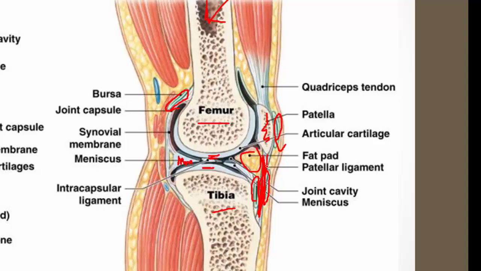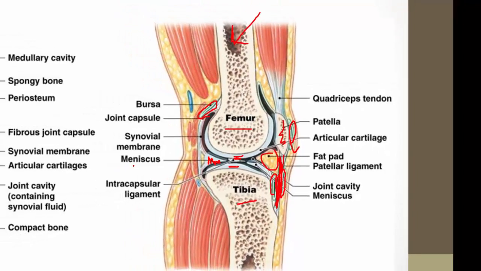So as this ligament is moving, there is a fluid-filled bag that decreases the friction between that ligament and the bone, or that ligament and the skin. Here is another bursa that also decreases friction between the patella and the skin, and here is another bursa that decreases the friction between the muscles above that joint and the joint itself.